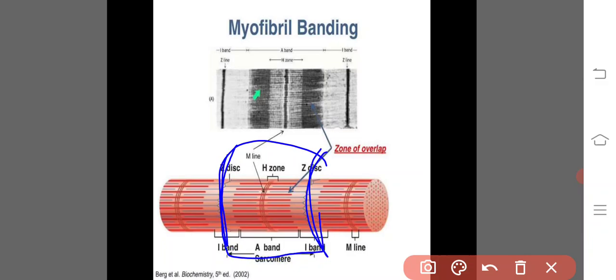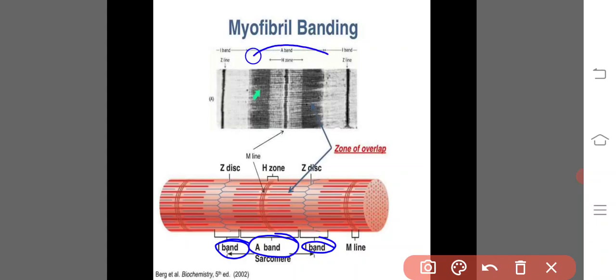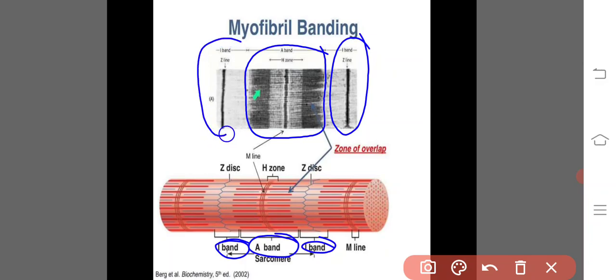The arrangement of the actin and myosin filaments gives the myofibril a banded or striated appearance with dark A bands alternating with light I bands. Here you can observe the dark A band, and these are the light I bands.